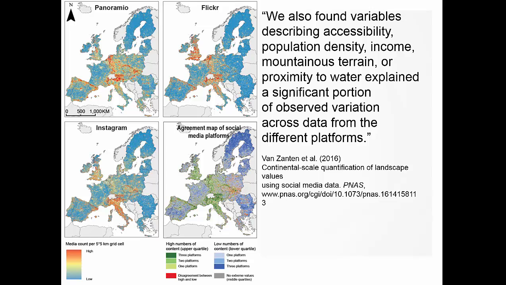For example, Van Santen and others from the University of Amsterdam made a spatial analysis on a European scale in such a way that they took all the posts that had the word landscape in any European language, and they filtered those, and then they analyzed where the clusters of those locations are, and made a model using environmental variables in order to understand which environmental variables seem to be triggering landscape appreciation.